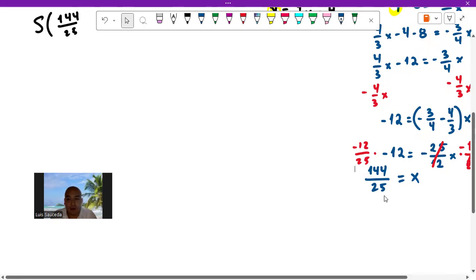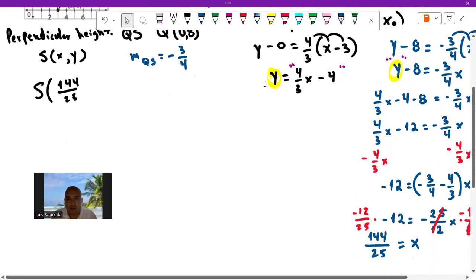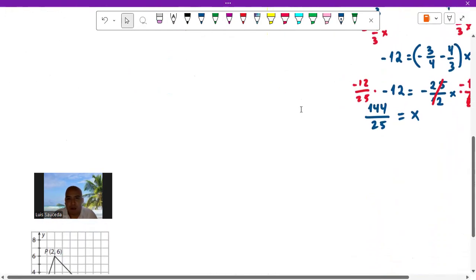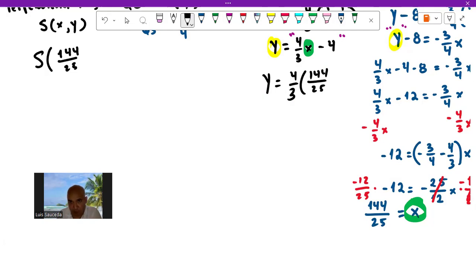Anyway, now since we have this x value, we still need the y value of that coordinate. And where do I see an x? It's right here, and it's already in y equals format. So what I'm going to do now is plug this x value in here, which, conveniently, gives you 4/3 times 144 over 25.